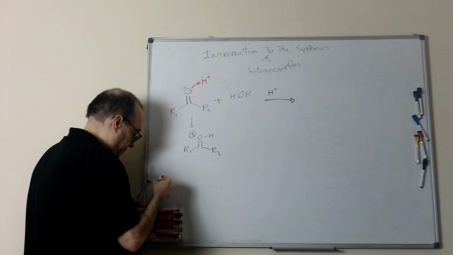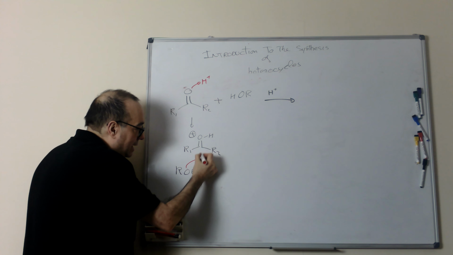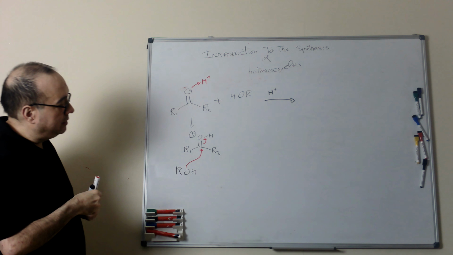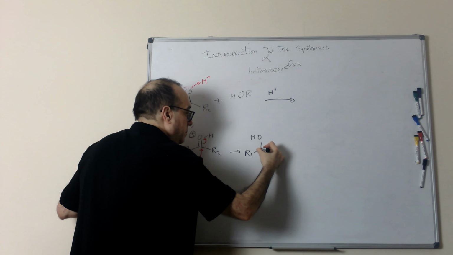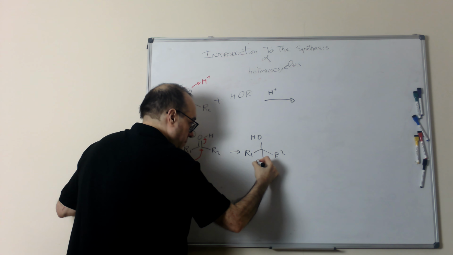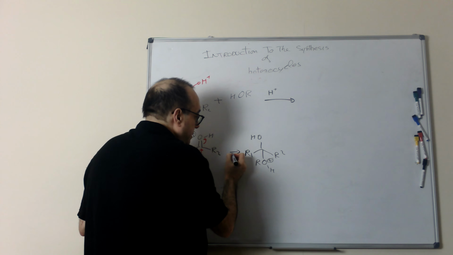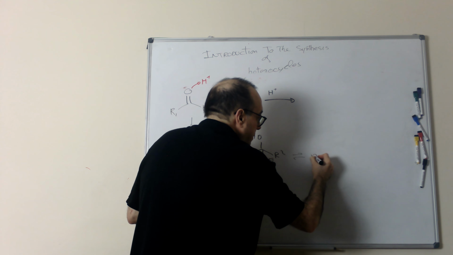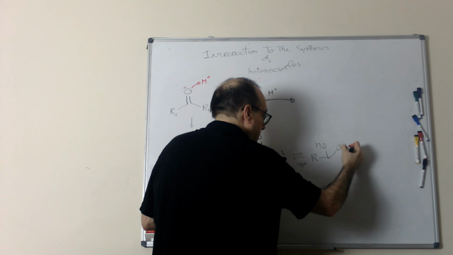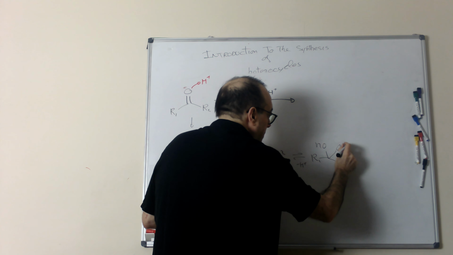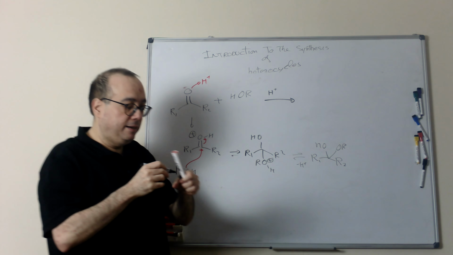That means that even a bad nucleophile like alcohol will be able to attack this activated carbon and obtain this intermediate that basically we lost one proton. Okay, and we generate the hemiacetal.